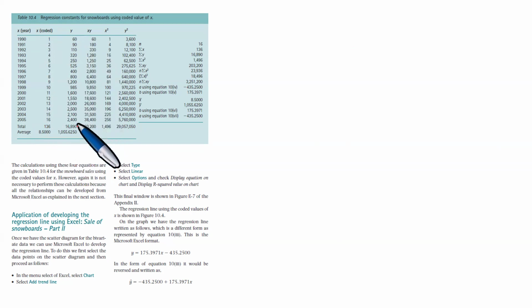And we have the Y here, and we got the total for Y, and the average is 1055.6250. And then we have the XYs, which are the product of X and Y, and we got the total for that, etc.